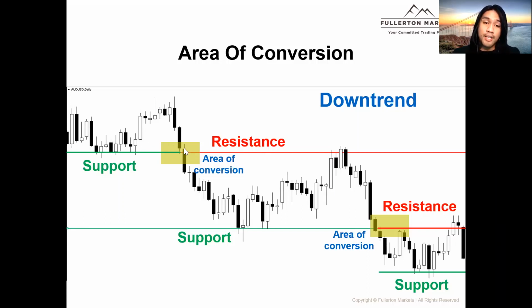And as you can see here, the support did not hold, and prices actually moved even lower. Now, this is the area of conversion right here. When the prices broke below the support, as you can see by this candle, this support became a resistance from that point on.